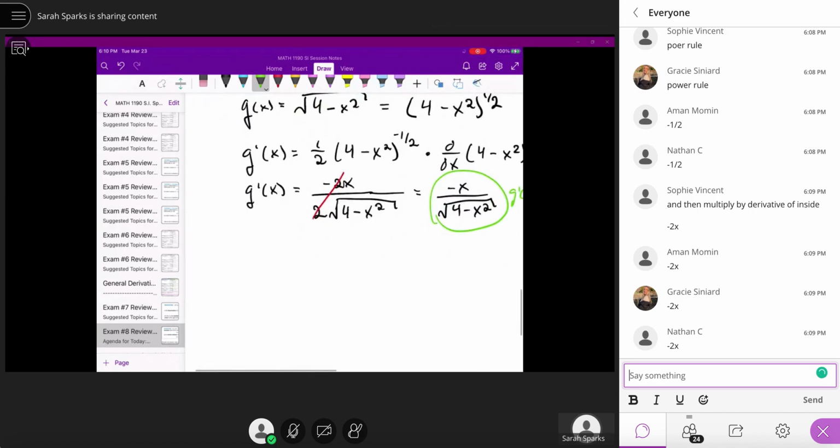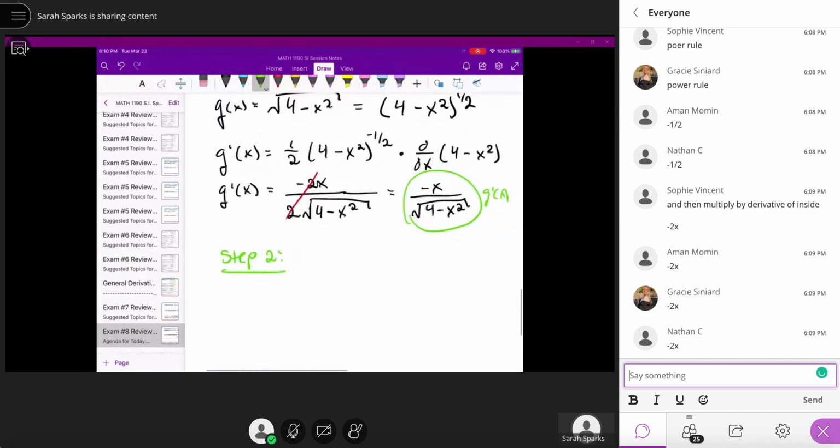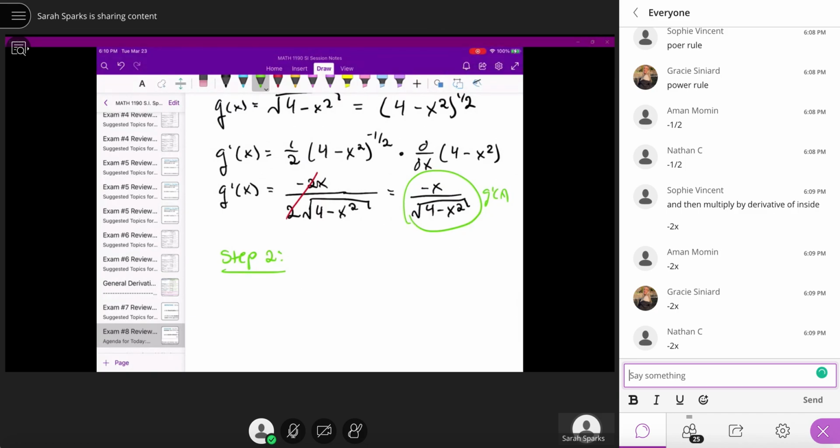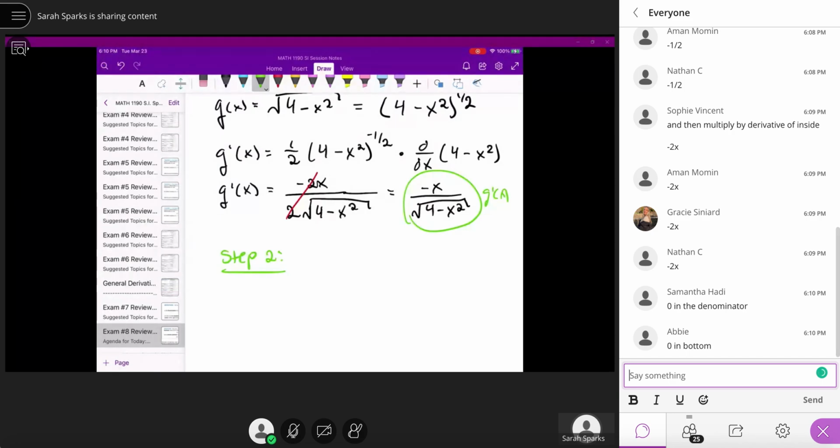Our step 2 is we need to look at our g prime of x and figure out what value makes g prime of x 0, and also what values make g prime of x undefined. What's something that we see very often that makes a function undefined? Something we've looked out for in the previous, yes, exactly, 0 in the denominator. What value would make our denominator 0?